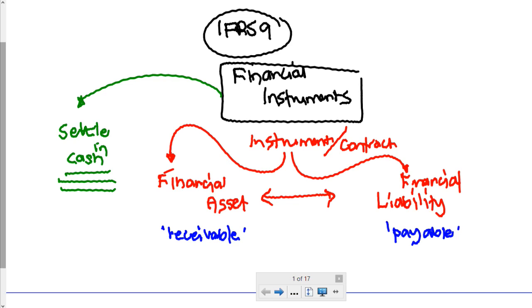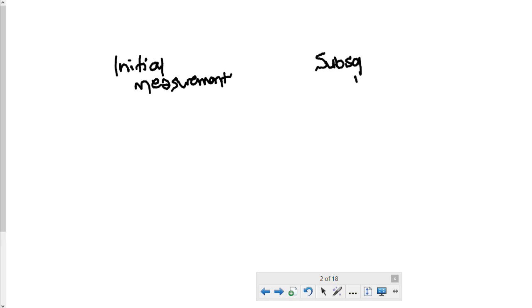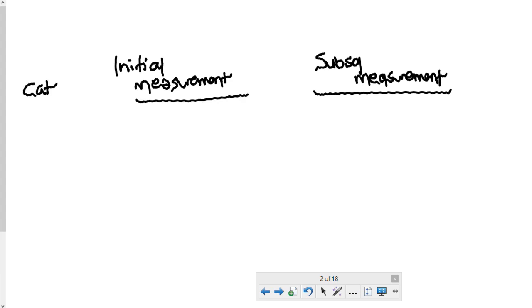We're going to look at a couple of financial assets, and we're also going to look broadly at financial liabilities. All right. So that's just definition. When we look at financial assets and liabilities, we're going to look at initial measurement and subsequent measurement. We're looking at different categories.